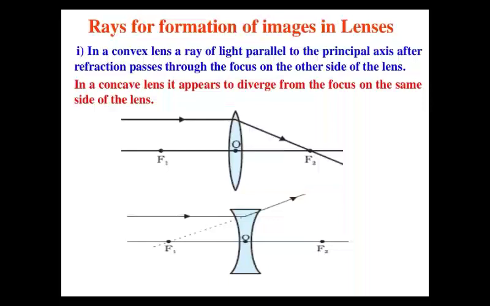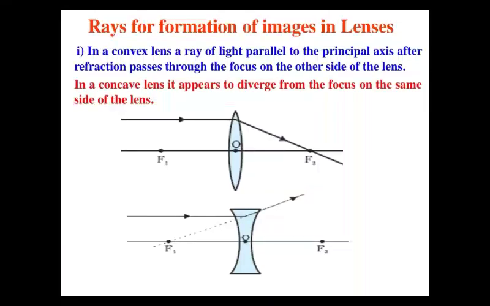The first rule is, in a convex lens, a ray of light parallel to the principal axis, after refraction, passes through the focus on the other side of the lens. This ray of light is going parallel to the principal axis, and it will refract from the lens and pass through the focus. So this is the first rule.